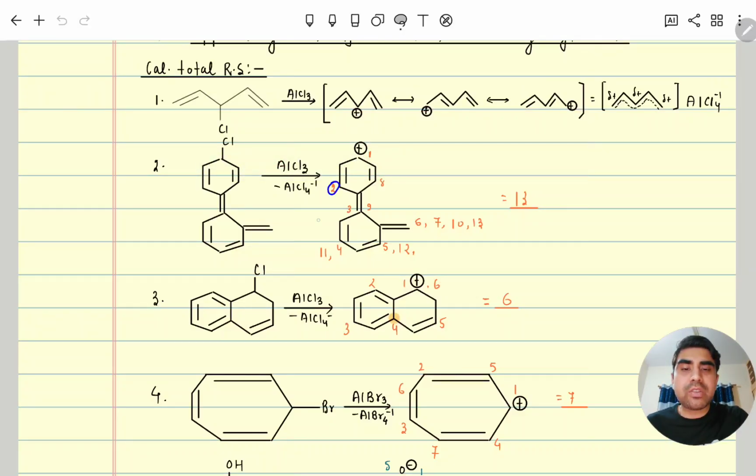That is the second resonating structure. Again from here positive, single, double, so it will come here. Now listen, this carbon is the bridge carbon, meaning from here it can go this side or that side. Let's suppose first we go this side. From 3, the double bond is there, so positive, single, double, the double bond came here with the positive charge: the fourth resonating structure. Then this one is the 5th, and 5th to this one is the 6th.